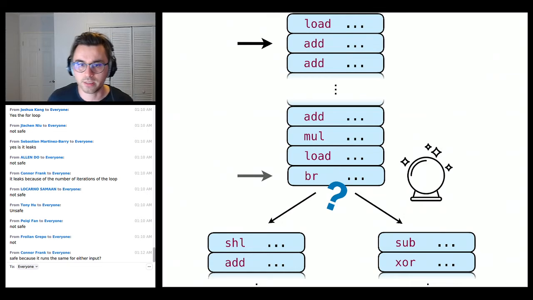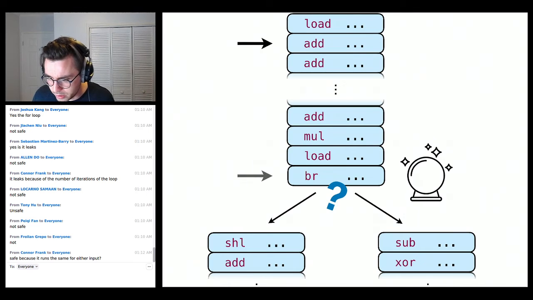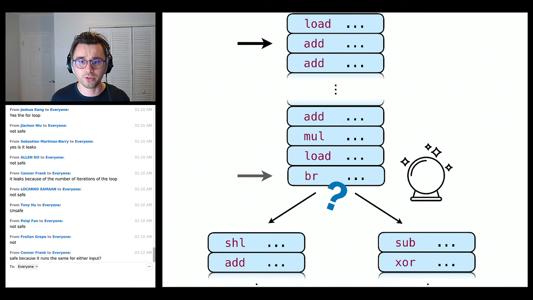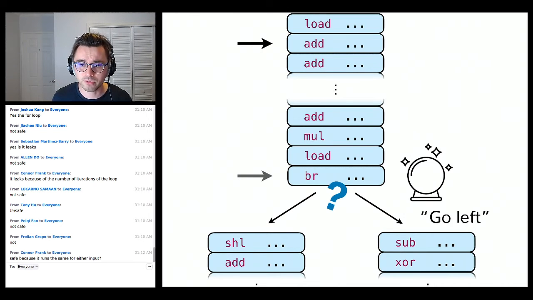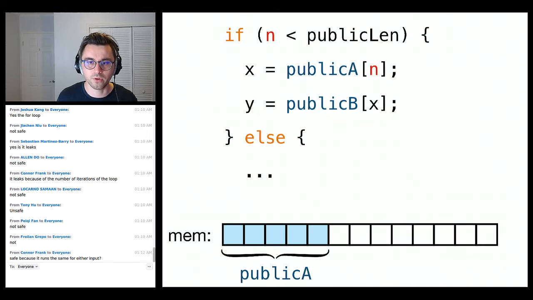I ask my underlying microarchitecture, the conditional branch predictor, to tell me to go left or right based on information that it's recorded over time, and saw me go left or right a bunch of times. If my program kept going left 1,000 times, the predictor remembers that you like going left. So we're going to execute the left side of the branch.